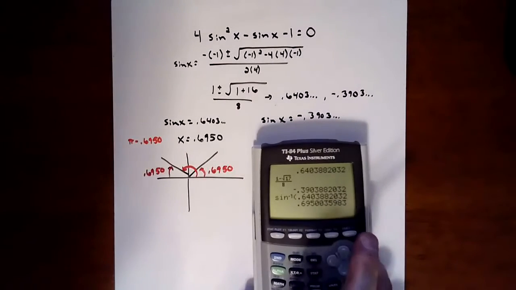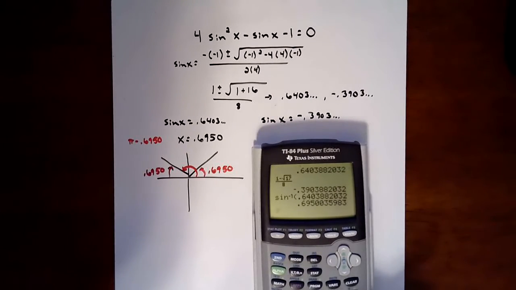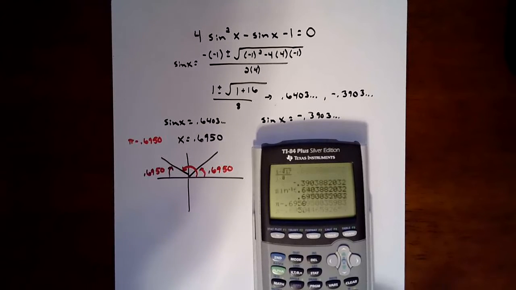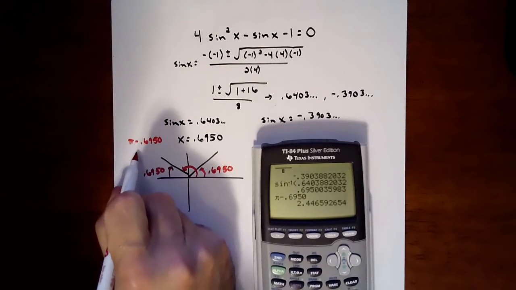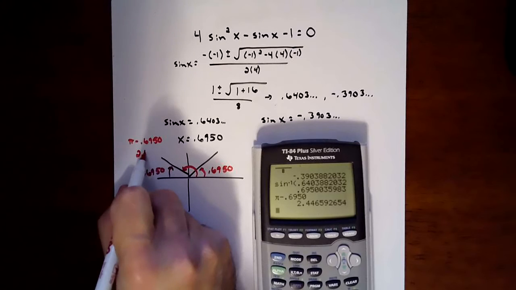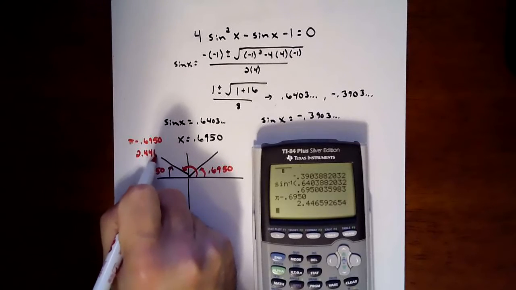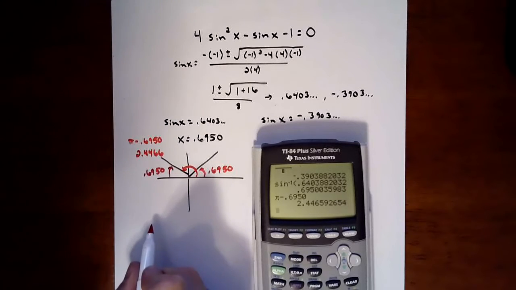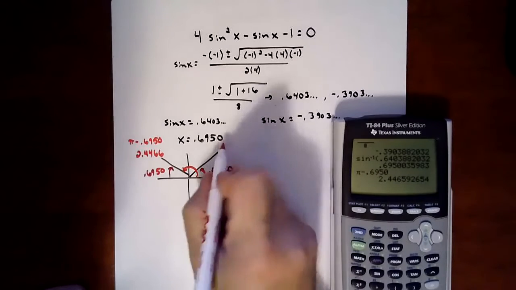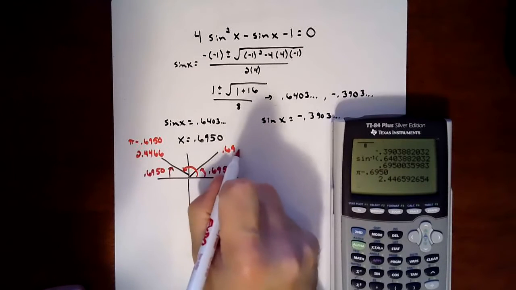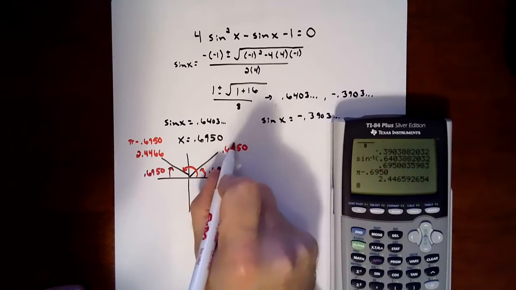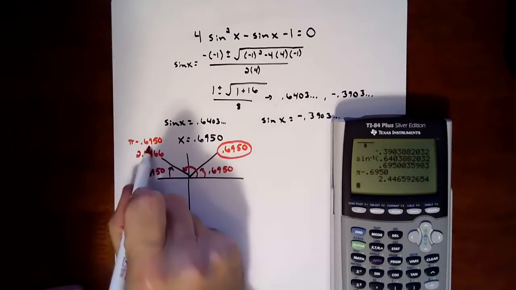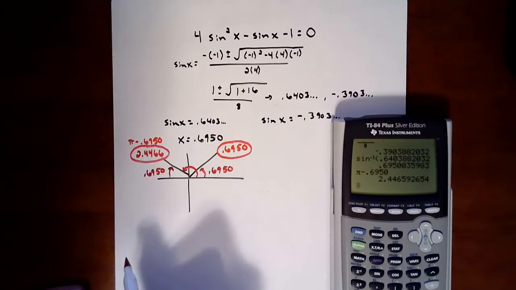I couldn't tell you what that is, so I need to let the calculator do this for me. That value is 2.4466. So 0.6950 is one angle, and 2.4466 is a second angle.